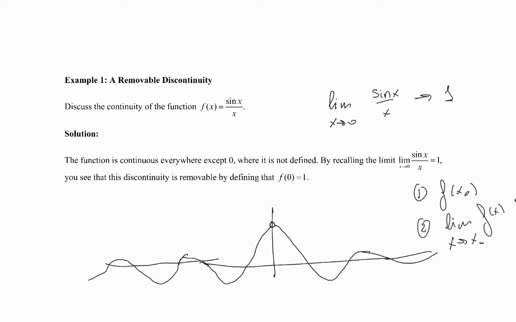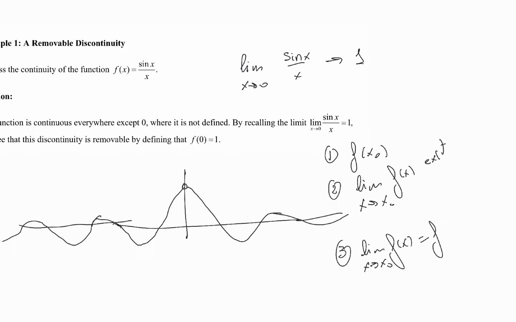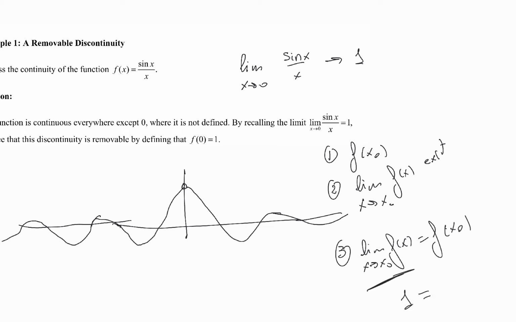And the third condition is that this limit should be f of x0. Of course the third condition doesn't work, because the limit when x tends to x0 is 1, but the value of the function at x0 does not exist. F of 0 doesn't exist because division by 0 is not allowed.